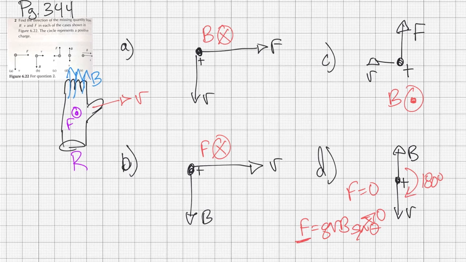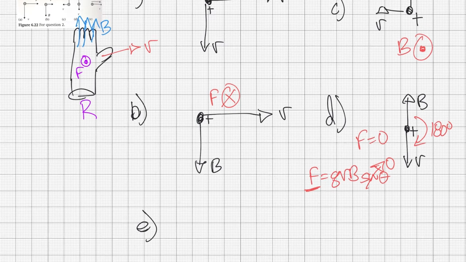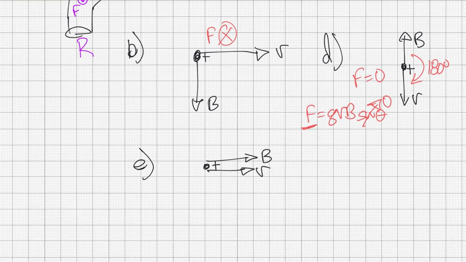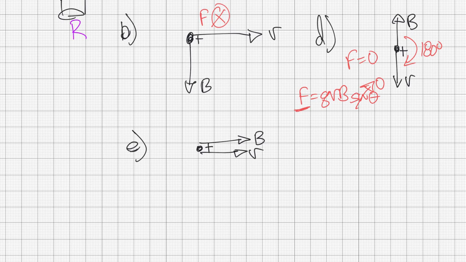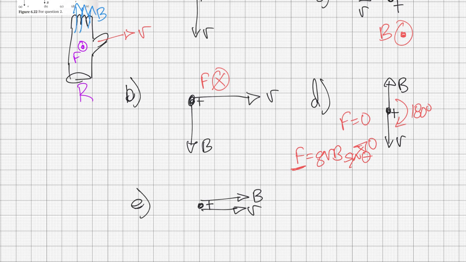All right. Lastly, let's finish up with E. E is going to look at a positive charge. We're going to have a magnetic field and our velocity. And in this case, just like we talked about before, it's impossible for our thumb to point in the opposite direction of our magnetic field.